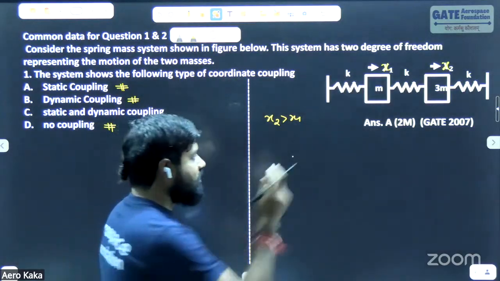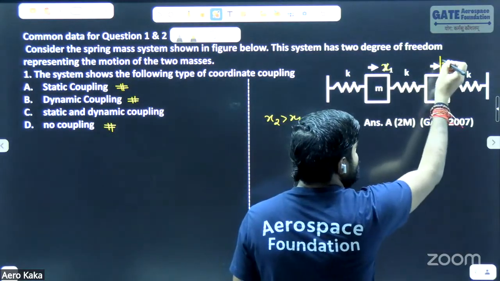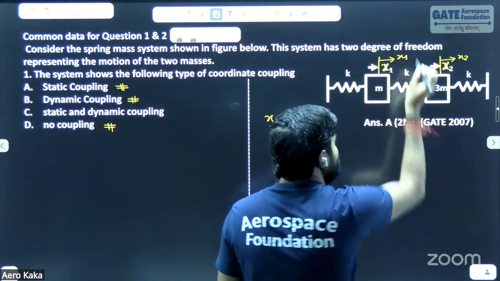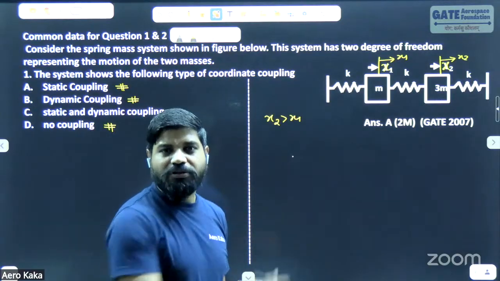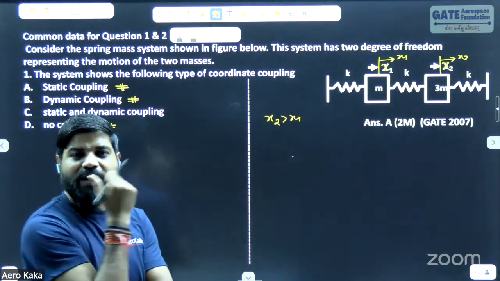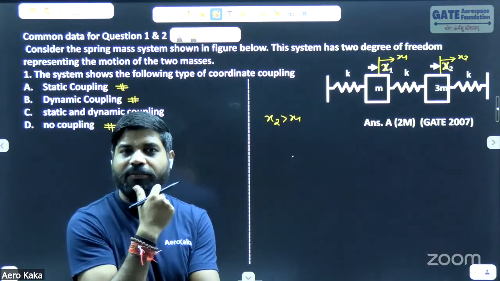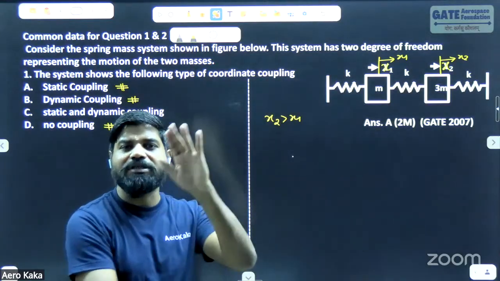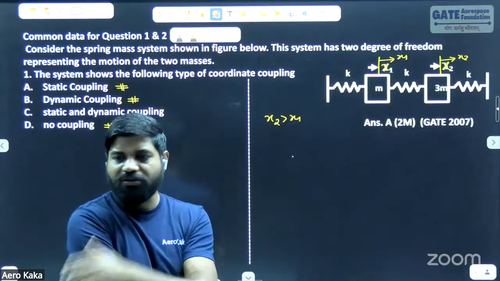Yes. So in this case, let's say this body is displaced by x2 in this direction. Then the displacement of the first mass is nothing but x1. So could you mark here the free body diagram? How to draw the free body diagram? Just remember which rule: D'Alembert principle, or the equilibrium method.